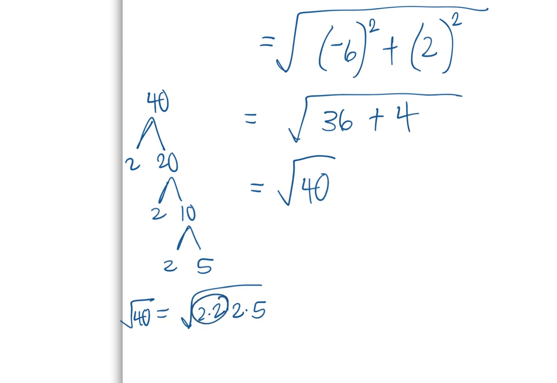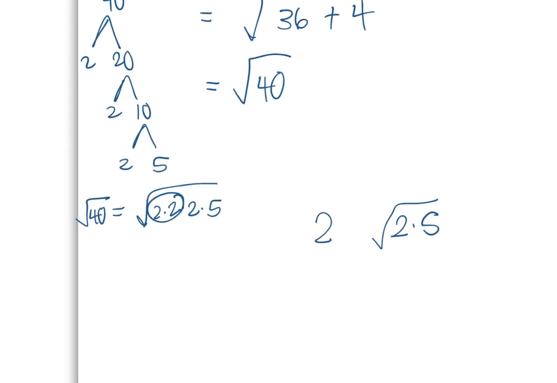So the number 2 repeats twice, meaning a 2 can come out, and whatever is left over, in this case 2 and 5, stays in the radical. So the answer would be 2 square roots of 10. Be careful of writing this as 2 square roots of 25. Make sure that you got that visible multiplication dot right there, and that we multiply whatever is left together to get, in this case, 10.